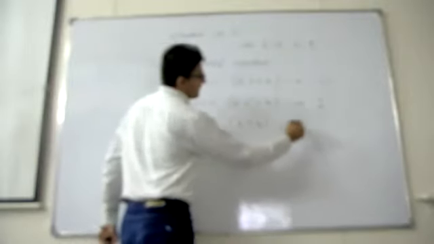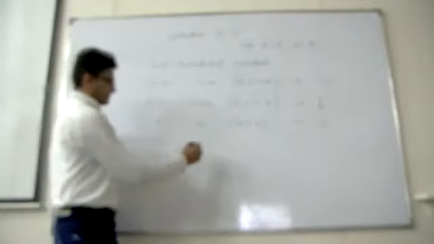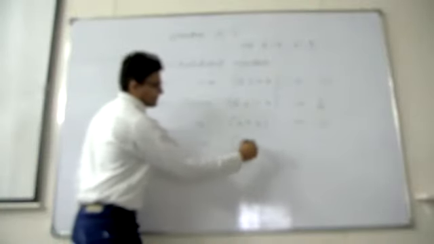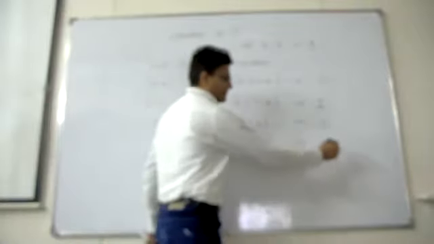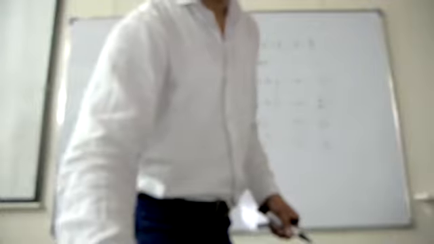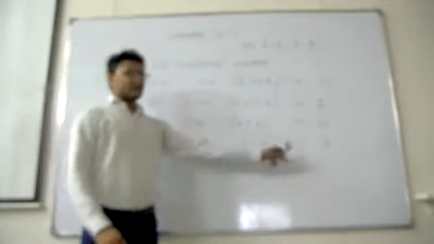Here a greater than b: condition false, answer is 0. Here a less than b: condition true, answer is 1.